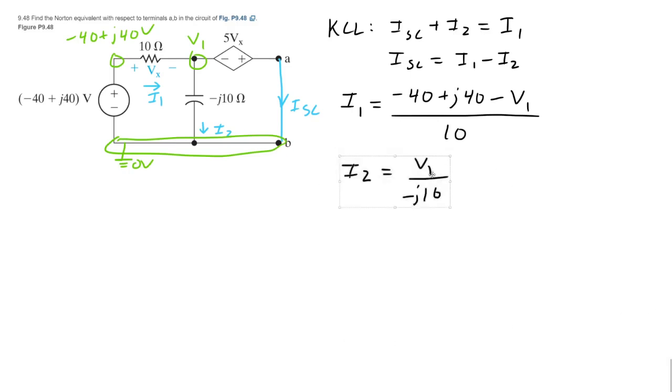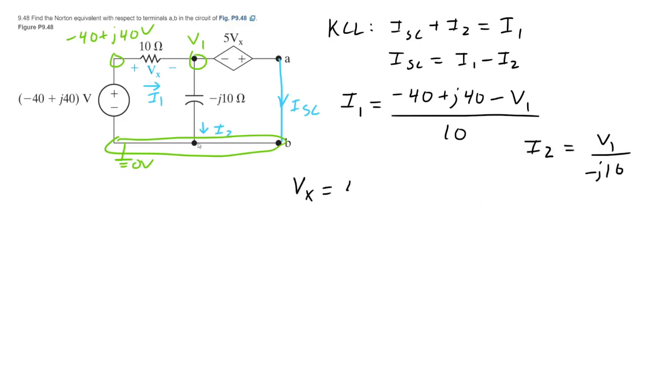So move I2 over here. Vx is going to be minus 40 plus j40 volts minus V1, because here's our plus, here's our minus.